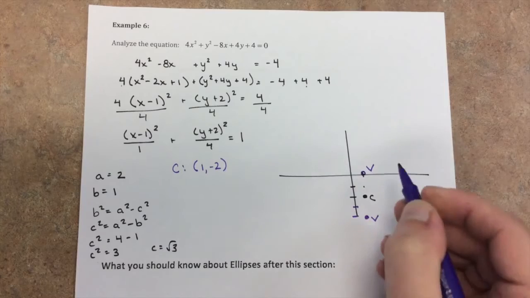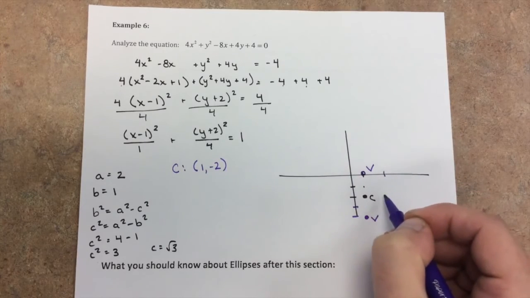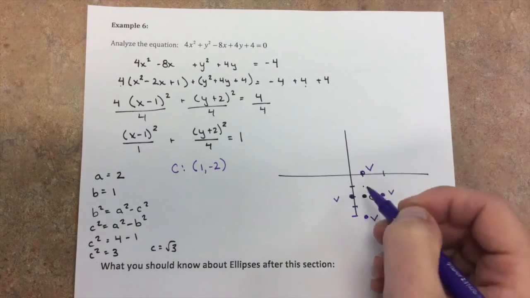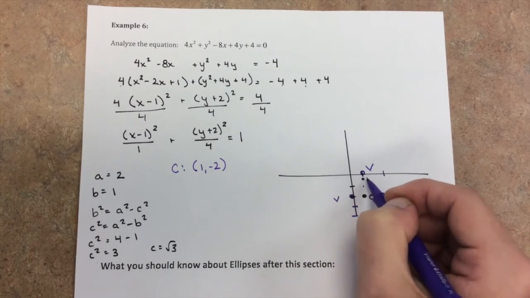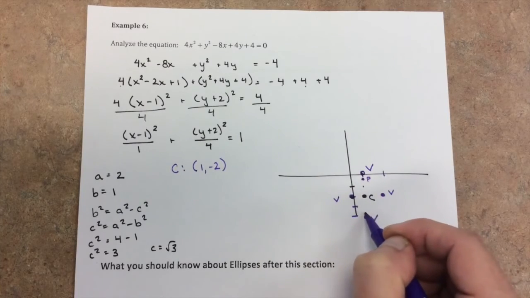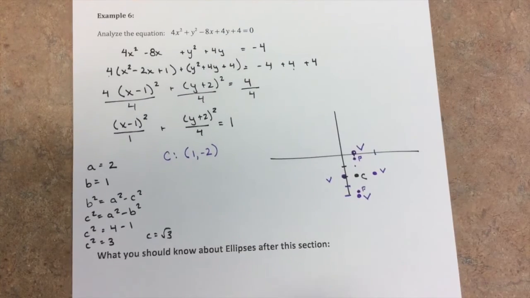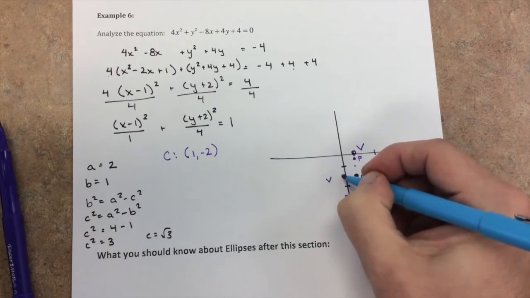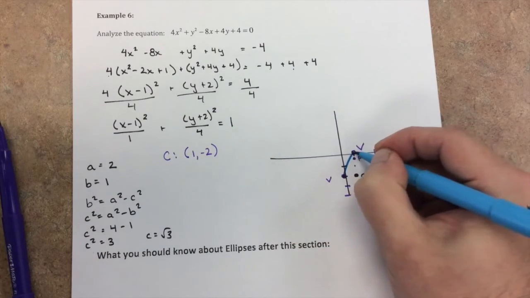There's our vertex. We go 1 to the left and right. So 1 here, 1 here. Our foci is just under 2, so it's just below our vertices along our y, and then we connect the dots.